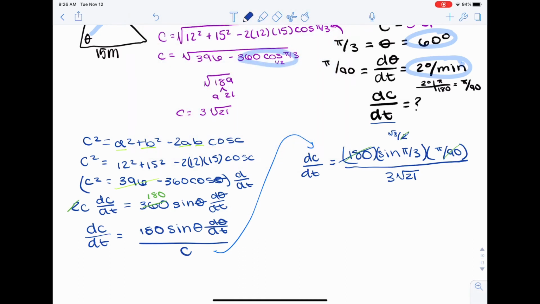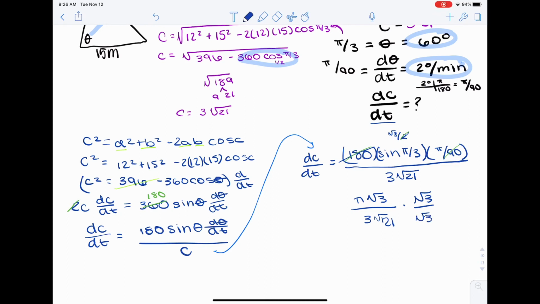So now we have square root of 3 over 3 square root of 21. Oh, we still have a pi too. We still have a pi that's attached to this. So pi square root of 3 over 3 square root of 21.